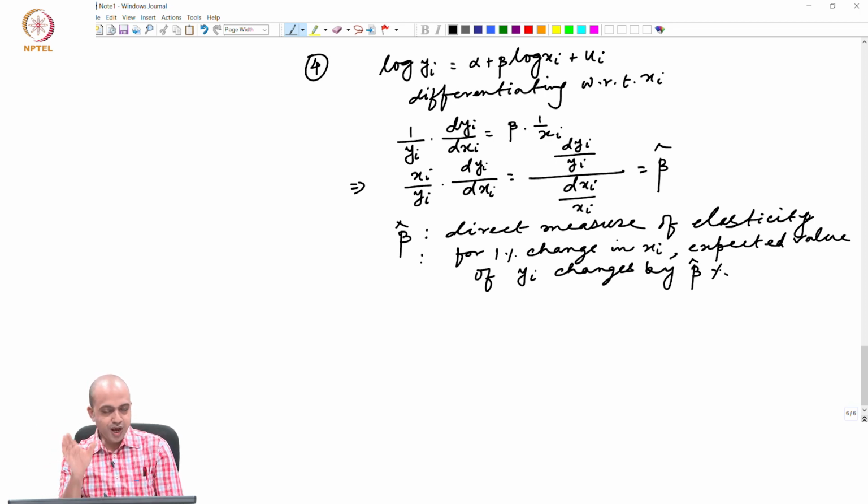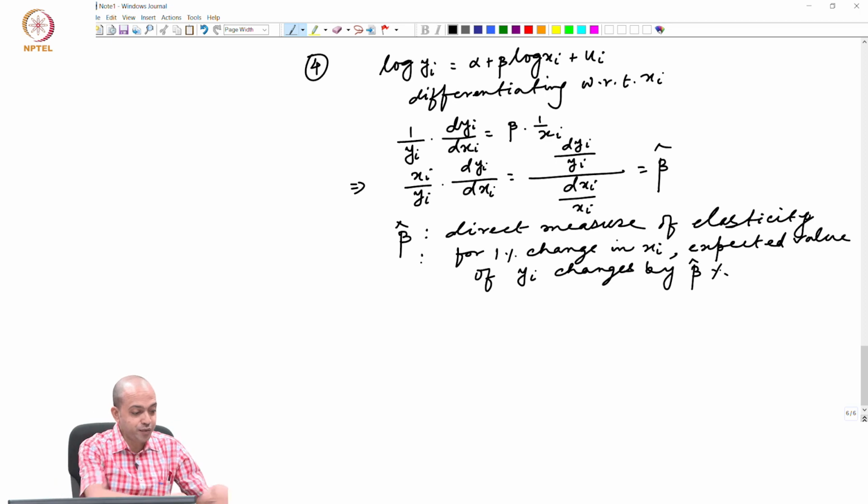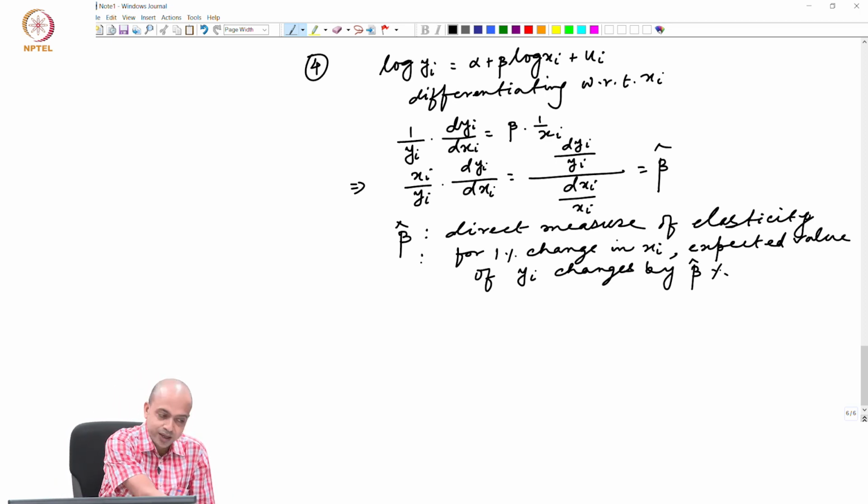What we did is apply the same interpretation in all these models, and at the end we derived the actual interpretation of beta hat in the log-transformed models. All right. Now, we will take one data set and estimate these 4 alternative models and try to understand their interpretation.